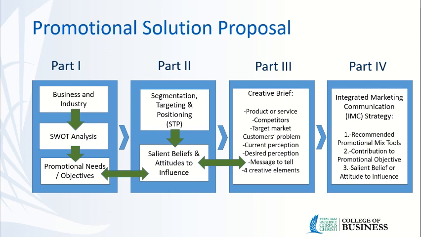No, that's something that you will describe and lay out in part 4. Part 4 is the integrated marketing communication strategy. Now, because it's part 4, the last one of this project, it doesn't mean that it's a small part. This part covers chapters 9 through 14, because here you will recommend the promotional mix tools to use.